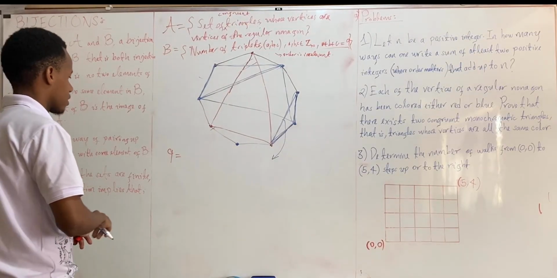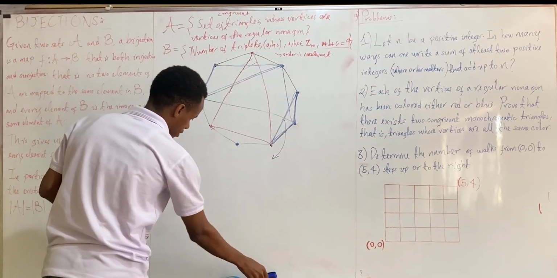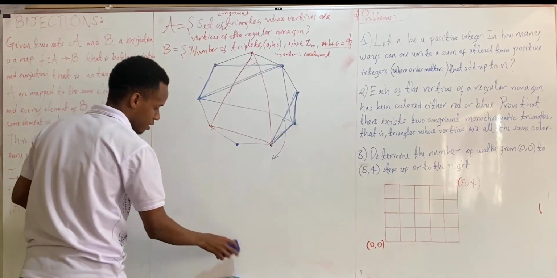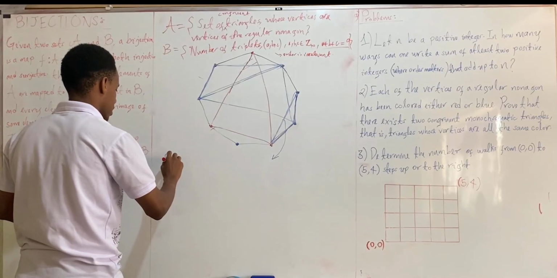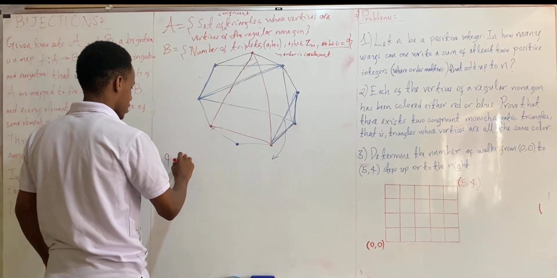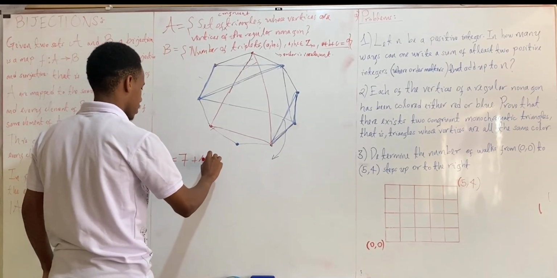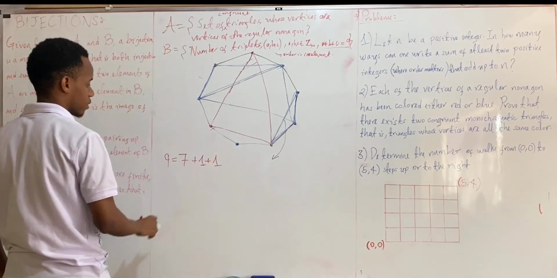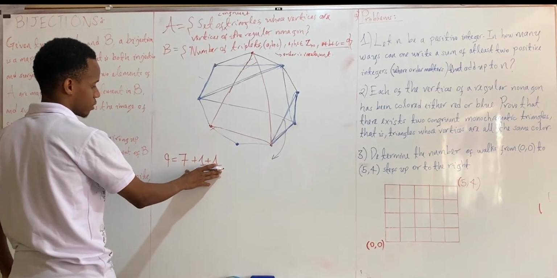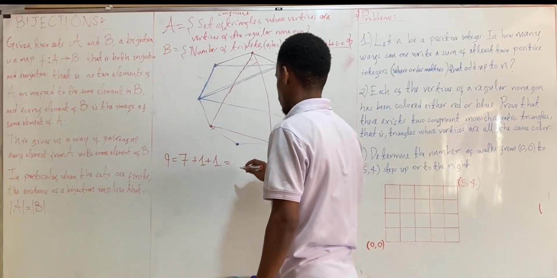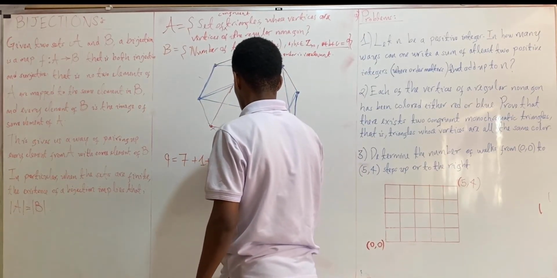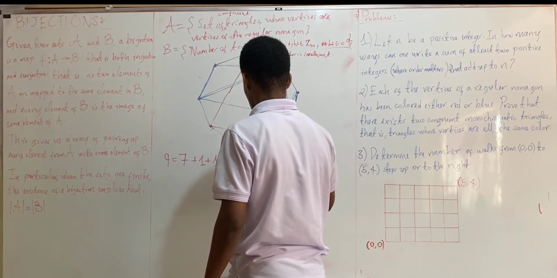Because 9 is not a large number, we can list all of the possible triplets. We can express 9 as a sum of 7 plus 1 plus 1. They have to be 3 numbers, and they also have to be positive integers. So you can have 7 plus 1 plus 1. You can have 6 plus 2 plus 1.